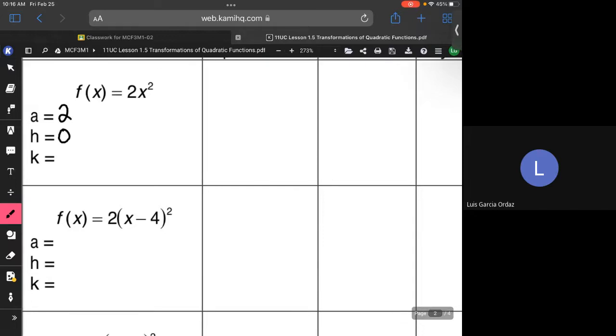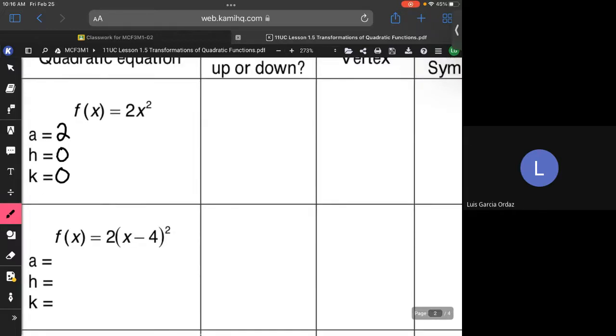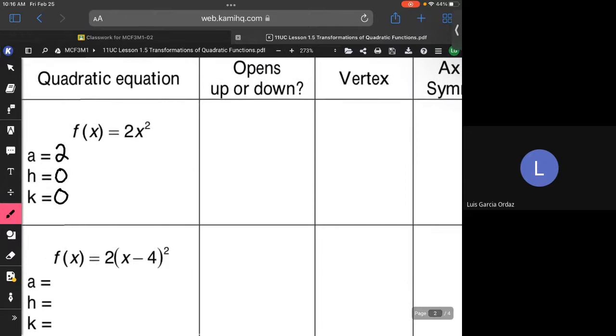Do I have a k? Nope, so k is also 0. Based off my a value, remember, think of it as positive and negative. Does it open up or down? Lisa? Up. Remember, my vertex is h and k. So what is my vertex in this graph? 0, 0.